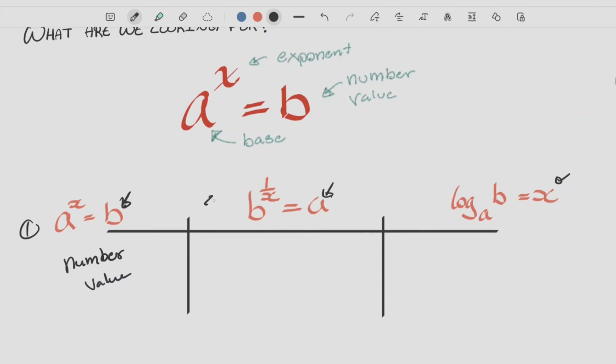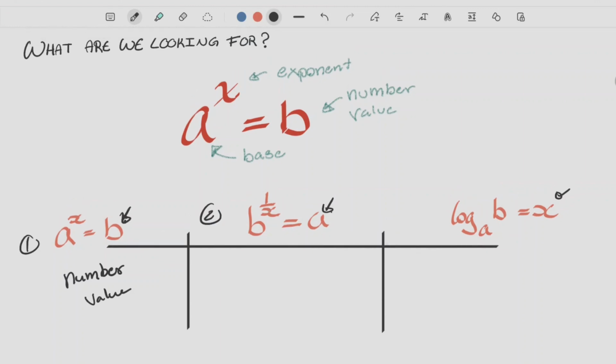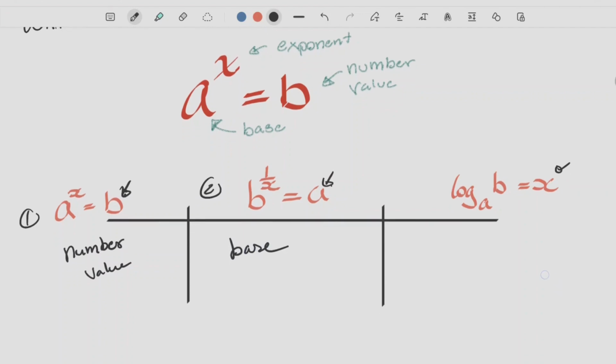Here, we're taking the inverse of an exponent, so we're finding the base. And then, with this new addition, we're solving for the exponent.